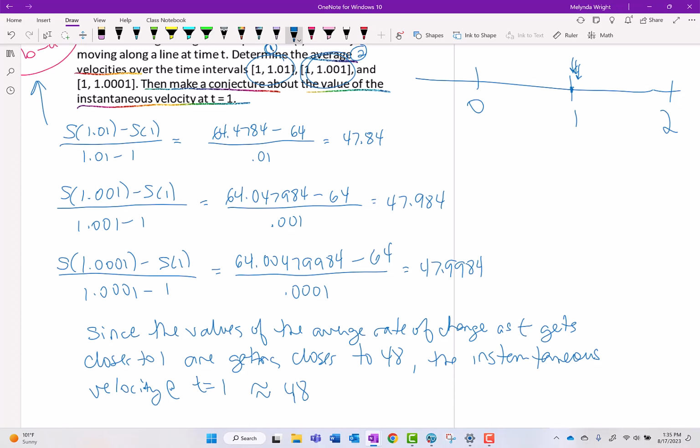So what am I doing? I'm explaining how I know that. We've just noticed that the values of the average rate of change as t gets closer to 1 are getting closer to 48. Therefore, the instantaneous velocity at t equals 1 should be about 48.